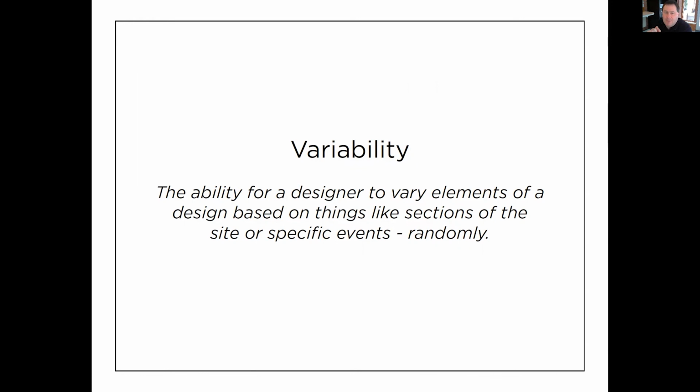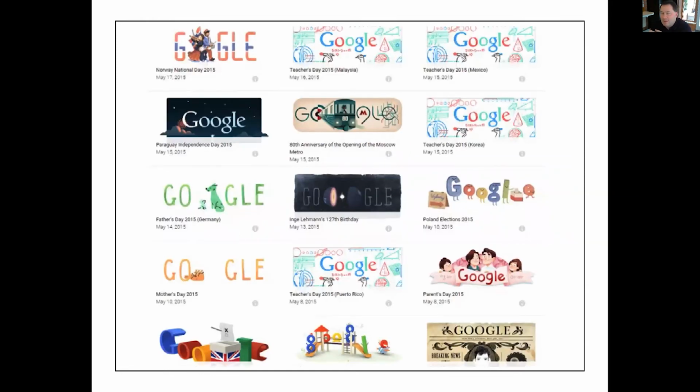Variability. The ability for a designer to vary elements of a design based on things like sections of a site or specific events, which is random. We can give some kind of variety to a design. Google still does this.